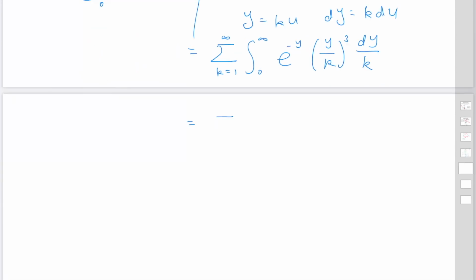So this means the sum over k from 1 to infinity of 1 over k to the fourth, times the integral from 0 to infinity of exponential minus y, y cubed dy.